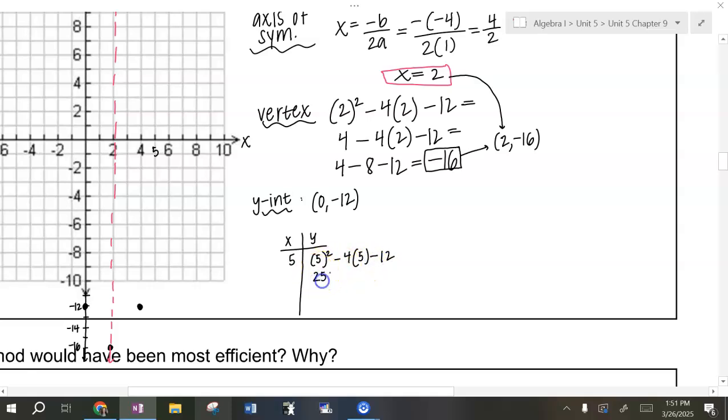That's going to be 25 minus 20 minus 12, which gives us positive 5 minus 12, which is going to be negative 7. So when x is 5, y is negative 7. That creates the point 5, negative 7.